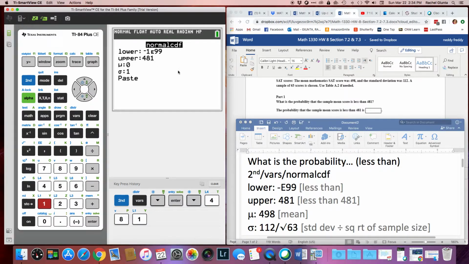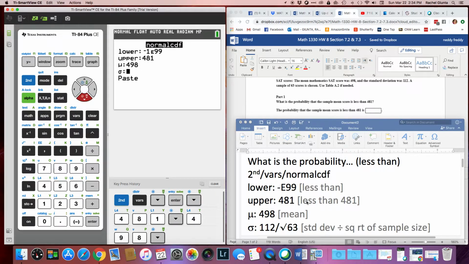It doesn't change anything. And then just like in 7.2, the mean is the mean that's given to you in the upper part of the problem. So 498. And the standard deviation is where this differs from 7.2.